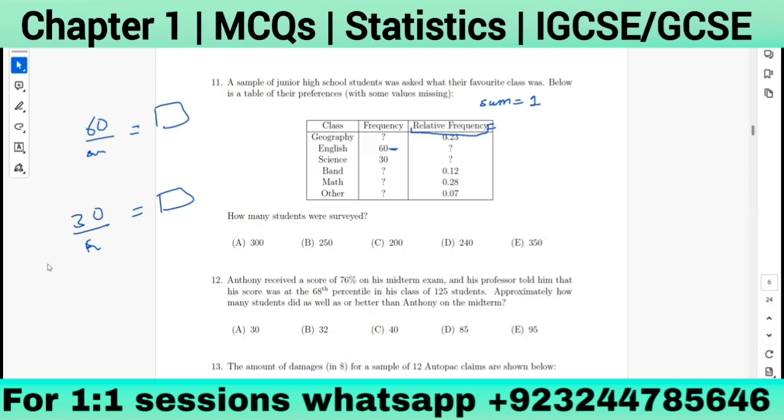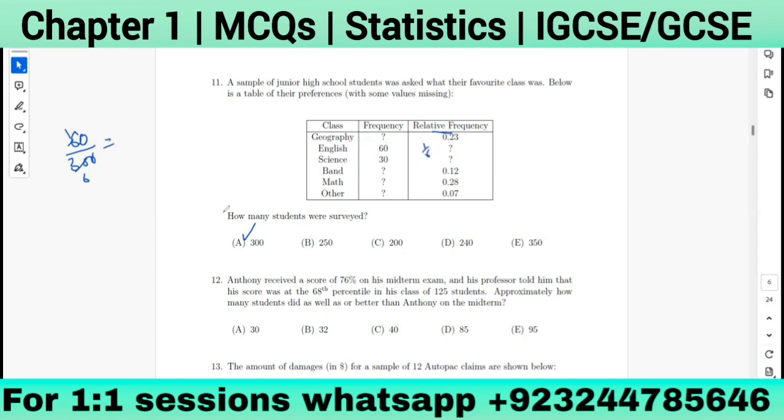How many students were surveyed? So it's the total number of students, and the relative frequency should sum to 1. So how can you use the answers? Divide 60 by each option, then add the results and see if it works. Let's take 300 for the total students. If we divide 60 by 300, we don't know if we are getting the correct answer or not.